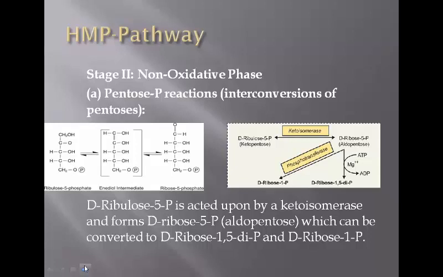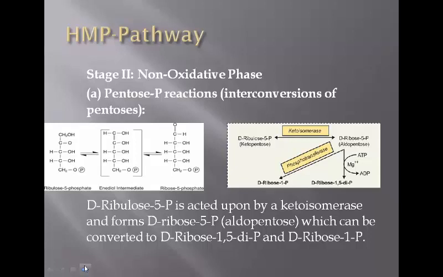Either it is converted to D-ribose 1-phosphate, where the phosphate group changes its position, or it can be phosphorylated in the presence of ATP and magnesium ion, so D-ribose 1,5-diphosphate is formed.